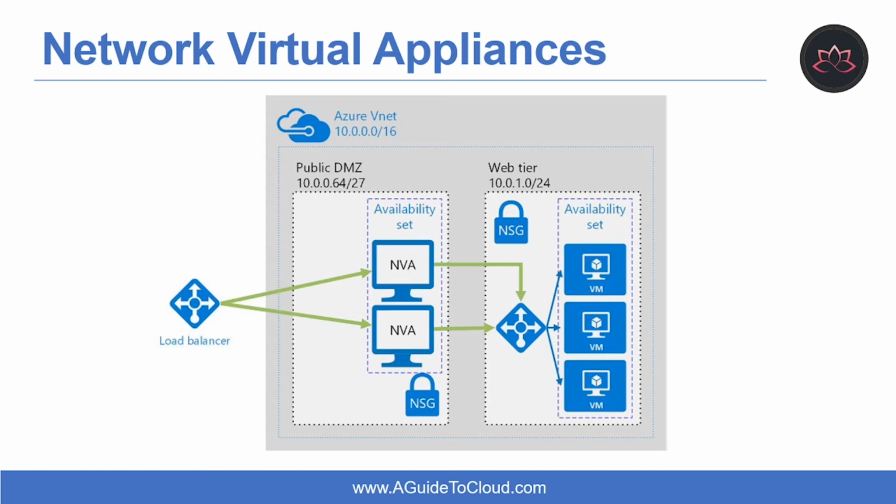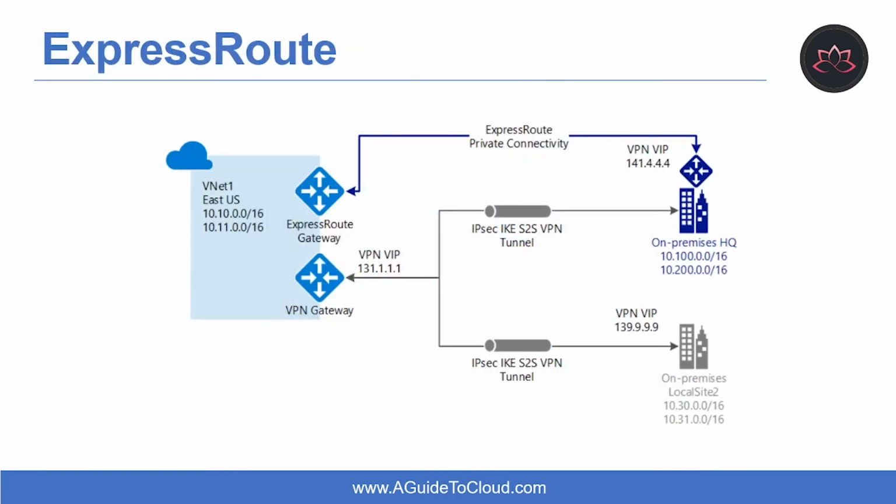However, the fact that all network traffic passes through the network virtual appliance means that it is a single point of failure in the network. If the network virtual appliance fails, no other path will exist for network traffic, and all the backend subnets will become unavailable. To make an NVA highly available, deploy more than one network virtual appliance into an availability set.